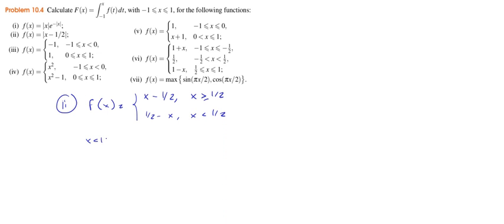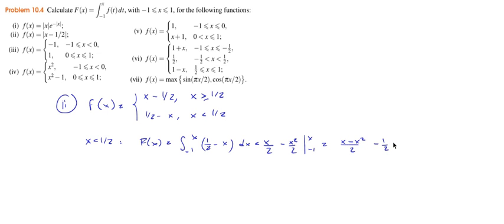If x is smaller than 1/2, then F of x is going to be the integral between -1 and x of this function, 1/2 minus x dx, and this is x over 2 minus x squared over 2 between -1 and x. Now this is x over 2 minus x squared over 2, and when this is minus 1, this is minus 1/2 minus 1/2, so minus 1.